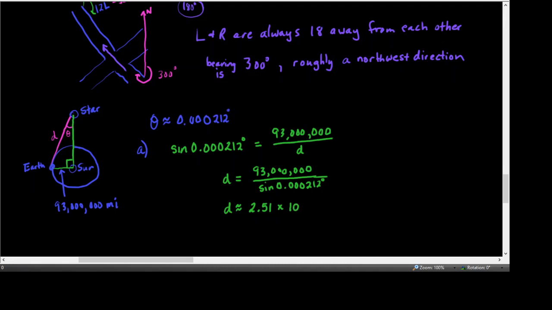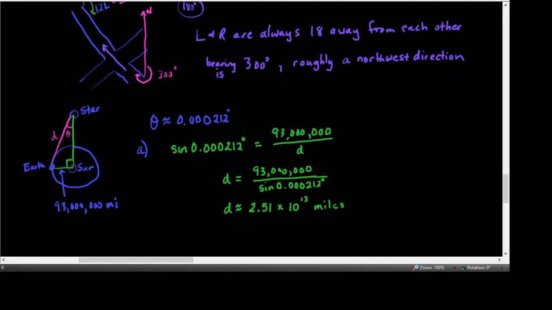We really don't use that for multiplication normally, except in scientific notation. Times 10 to the 13th. And of course your calculator went to scientific notation because this number was so big. And that's one of the uses of scientific notation, is to make a really far away from zero number look manageable. And of course that's in miles. So 2.51 times 10 to the 13th miles.